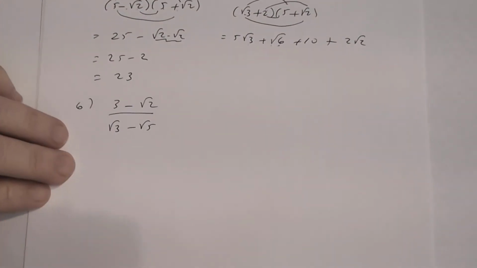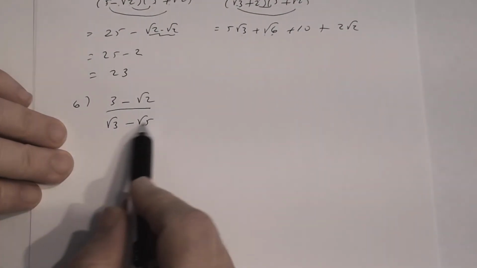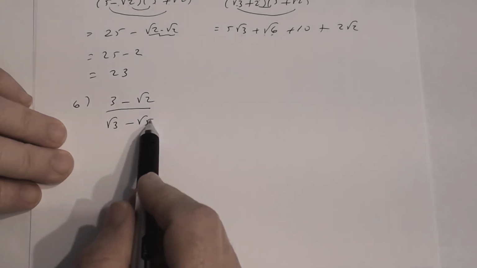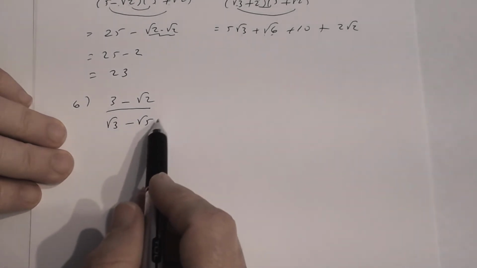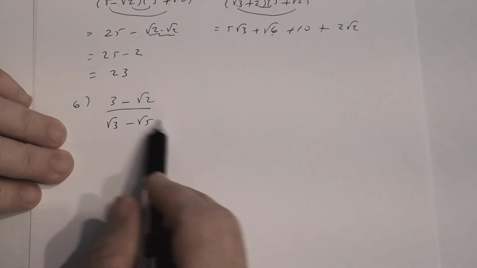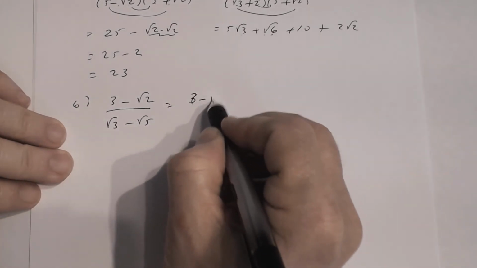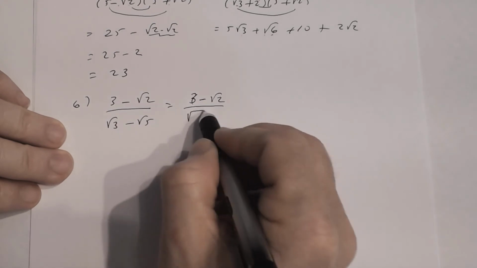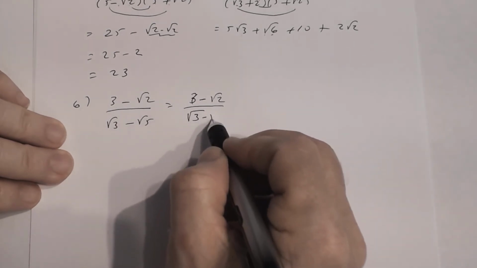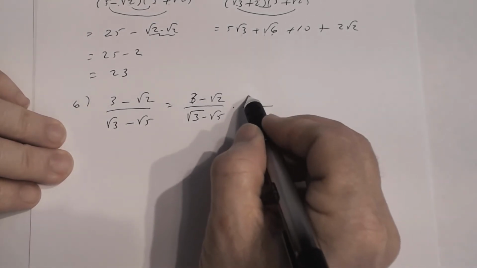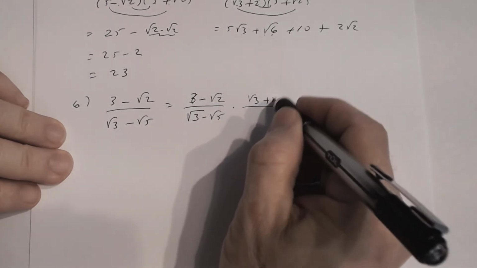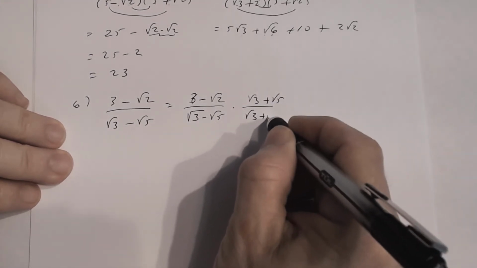So the only way I can rationalize that denominator is to multiply the numerator and denominator by the conjugate of the denominator. Okay, so I'm going to get 3 minus the square root of 2, and then the denominator is the square root of 3 minus the square root of 5, so I multiply both numerator and denominator by the conjugate.